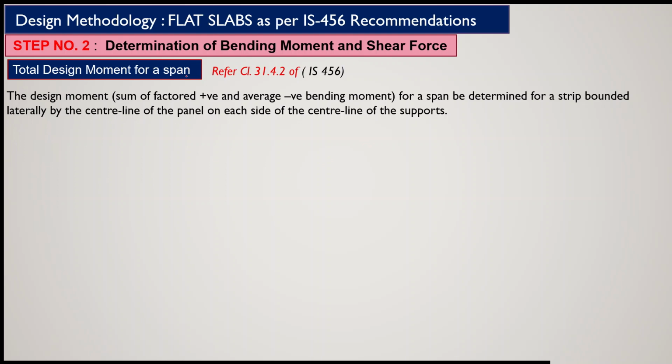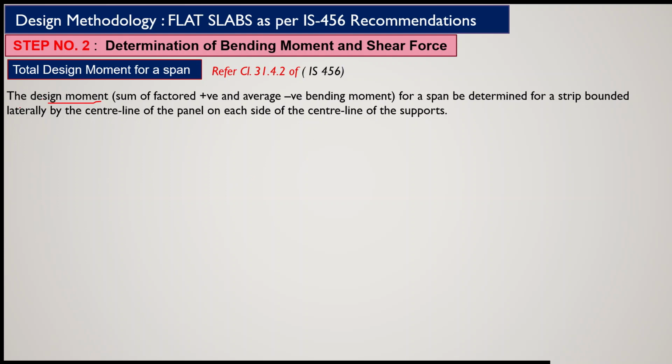So total design moment means here we are calculating first of all the absolute moment, that is total moment, which will be the sum of factored positive and negative moment. So for a particular span we will be calculating total design moment, and later on we will be dividing it into positive and negative bending moment as per codal guideline.